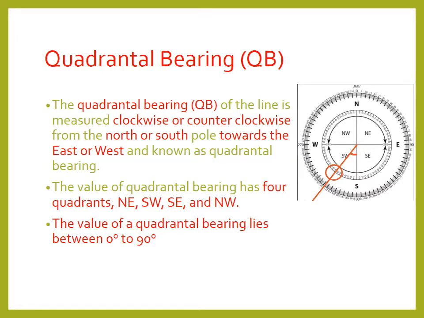It will be measured in each quadrant, as we have seen in the previous slide with the help of the image, and the names will be given for the bearing based on the quadrant in which it is located: northeast, southwest, southeast and northwest. So the values of quadrantal bearing will lie between 0 to 90 degree, because in one quadrant we have 0 to 90 degree.